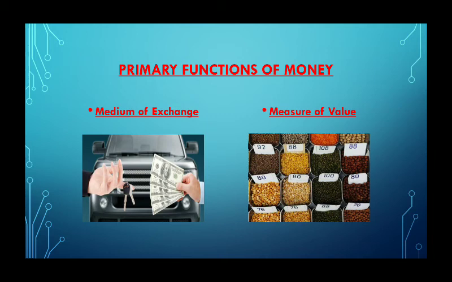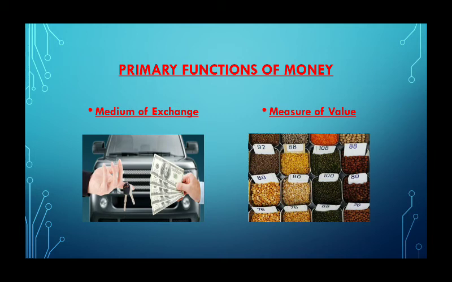Here you can see a picture where the prices of different kinds of pulses are written. That means the value of 1 kg of each of these different pulses is different. So we can measure the value of the same quantity of different commodities with respect to money.